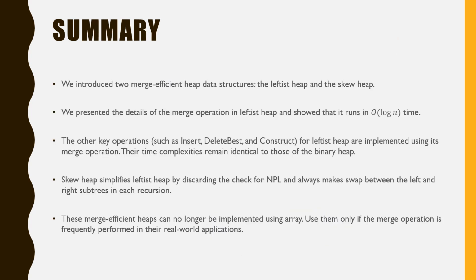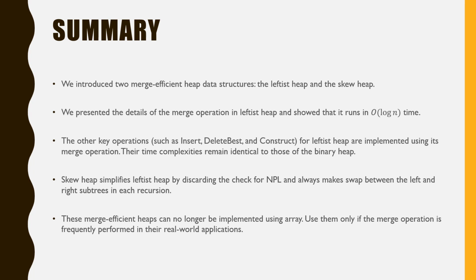In this video, we introduced two merge-efficient heap data structures, Leftist heap and Skew heap. We provided a detailed breakdown of the merge operation and showed that it runs in O(log n) time.